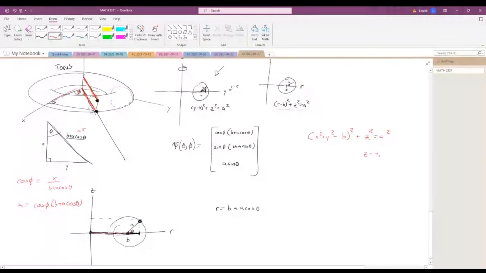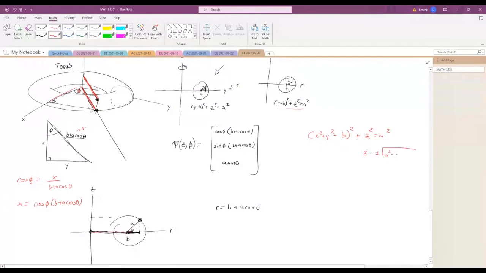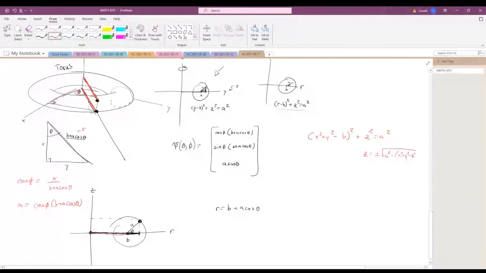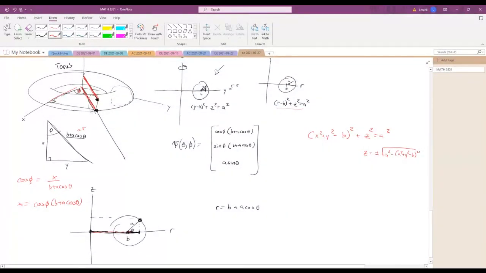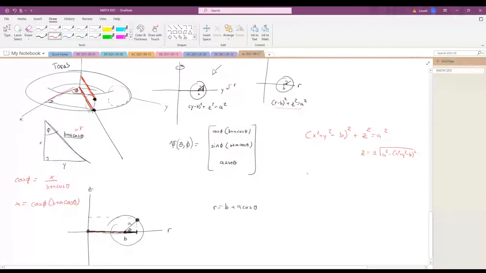And z is going to be plus or minus the square root. But so now you see that we can rewrite, and of course A has to be smaller than B for this to work. So we can use this to rewrite z as a function of x and y for the upper hemisphere, where z is positive.